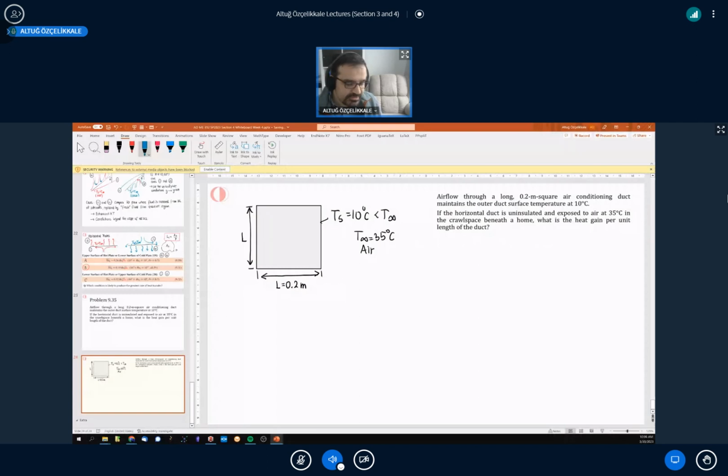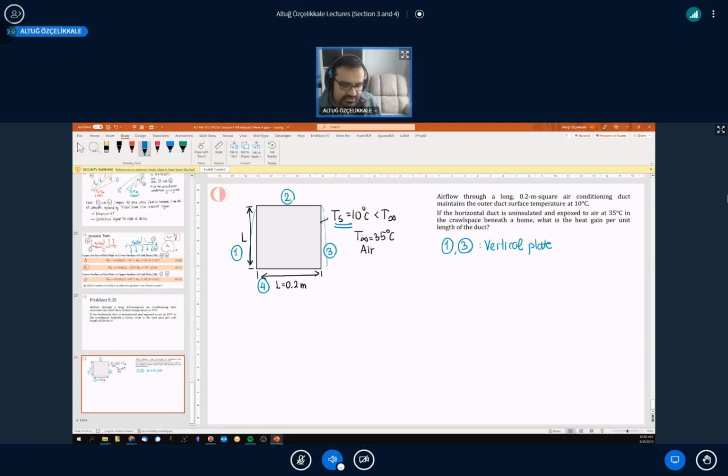So if we were to label those individual surfaces starting from this and going clockwise, Ts is less than T infinity, meaning we have cold surfaces everywhere. And when you look at 1 and 3, these are vertical plates. However, since it's a cold surface, the boundary layer is going to form like that, right?